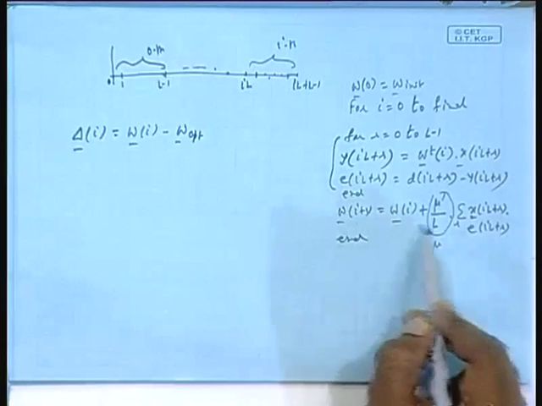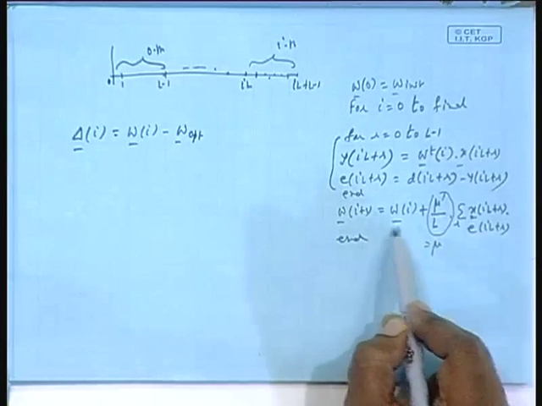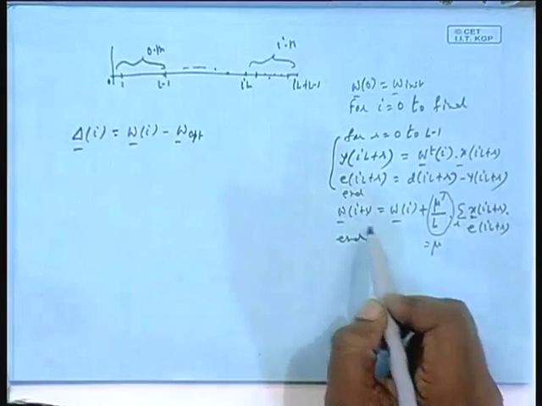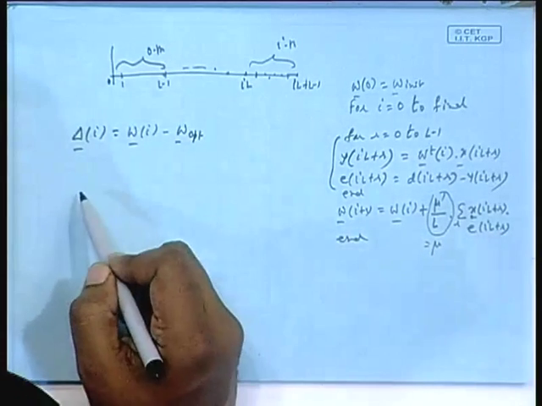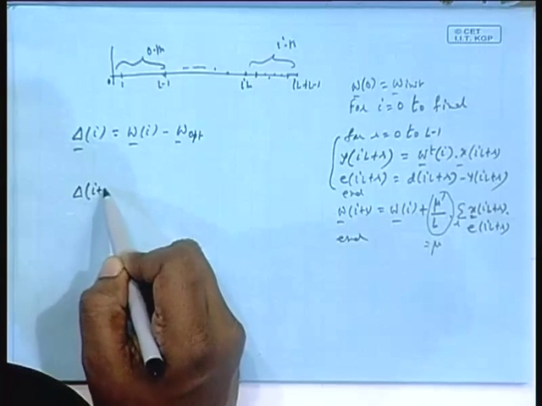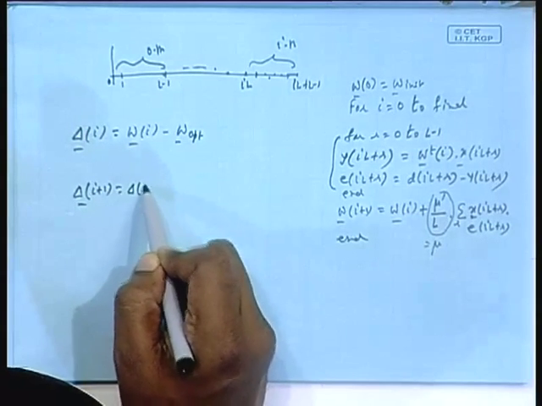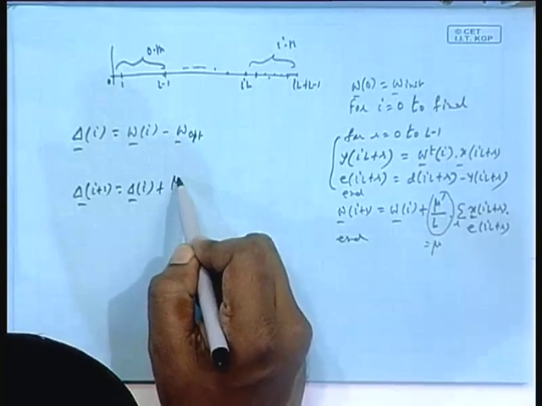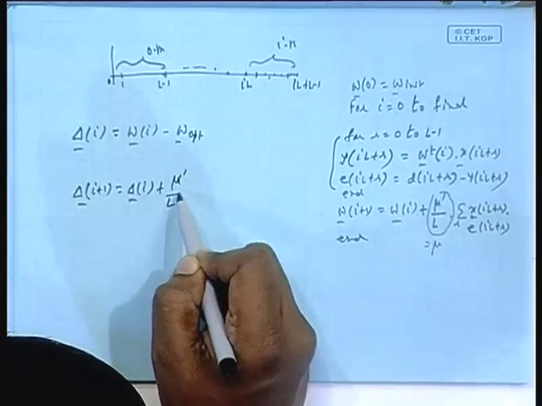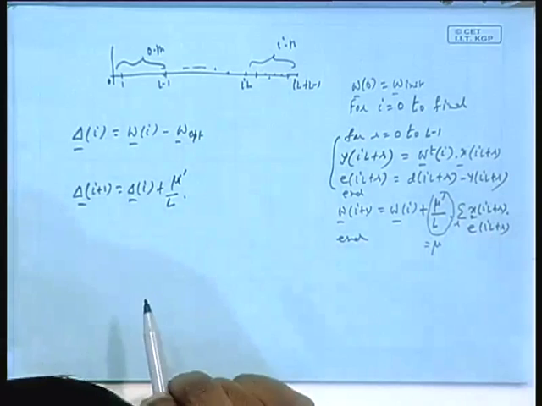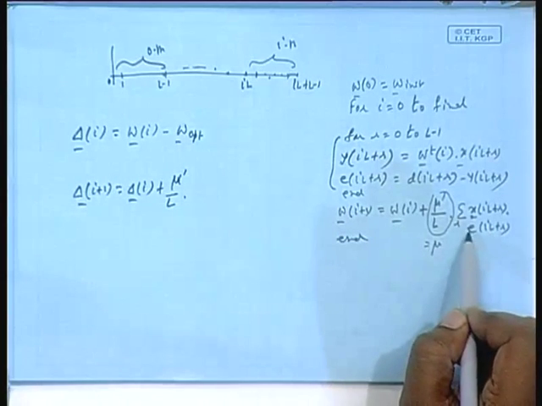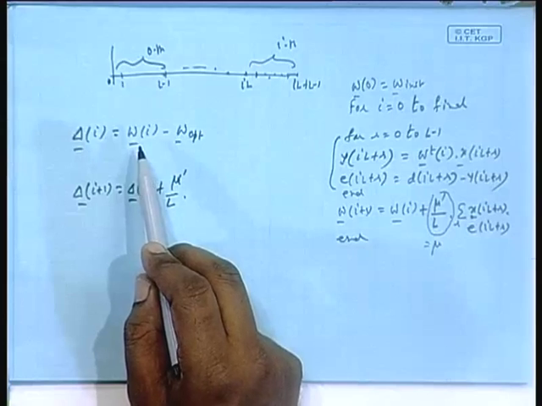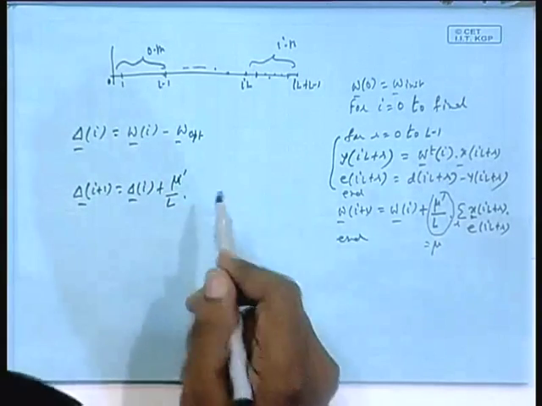So, in this weight update equation, from both sides if you subtract W opt, you get delta i plus 1 as delta i plus, say, mu prime by L into this thing. But I have told you that this error term itself also contains information about W. So, that has to be taken out, isn't it?